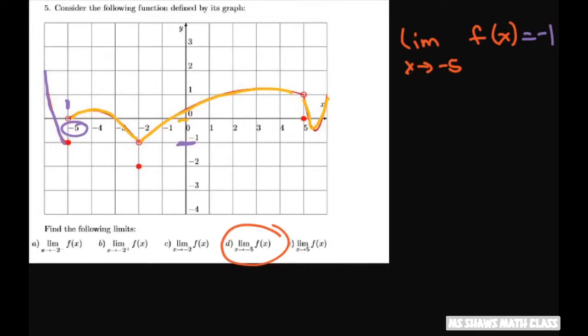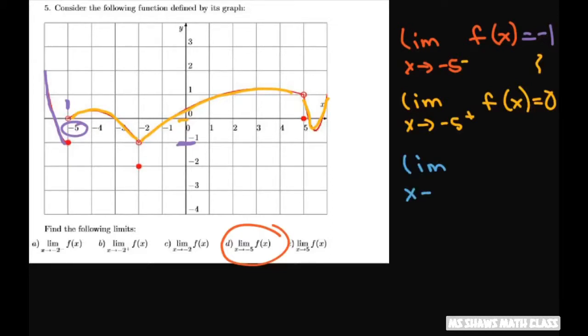So from the left, it was -1, and from the right, it is 0. Since these two numbers aren't the same, that means the limit as x approaches -5 of f of x does not exist.